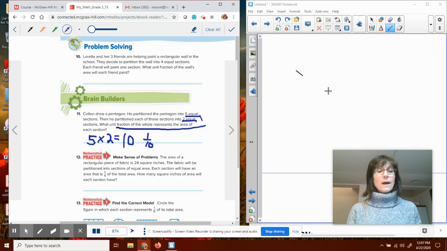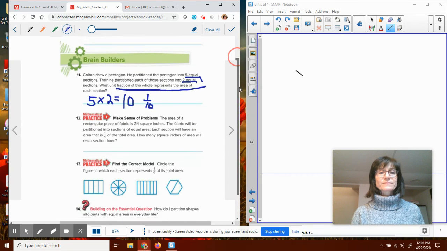Number 12, the area of a rectangular piece of fabric is 24 square inches. The fabric will be partitioned into sections of equal area. Each section will have an area that is 1/4 of the total area. How many square inches of area will each section have?